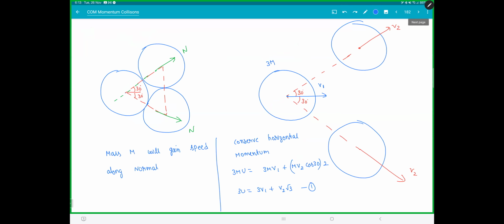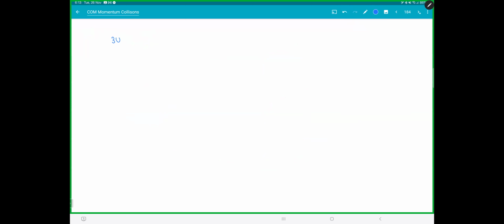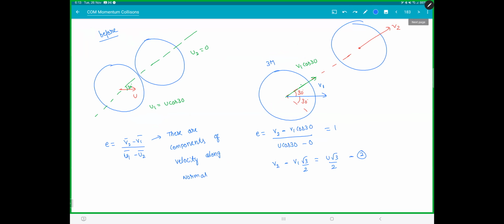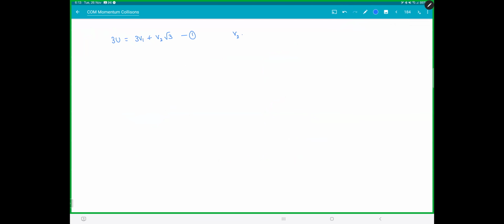Equation 1, equation 2, solve. Equation 1 is 3u, 3v1, v2 root 3. This thing is v2 minus v1 root 3 by 2 is equal to u root 3 by 2. Take v2 from here and dump it in this. 3u is equal to 3v1.